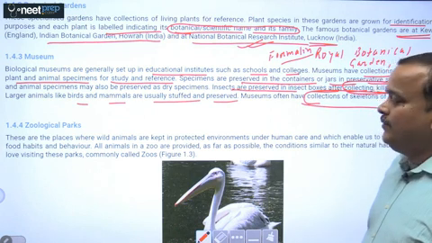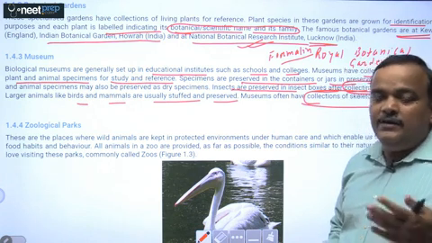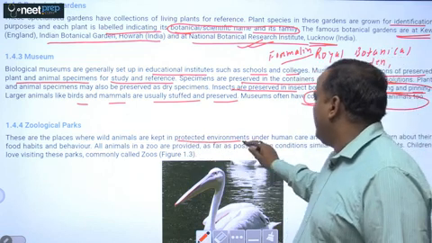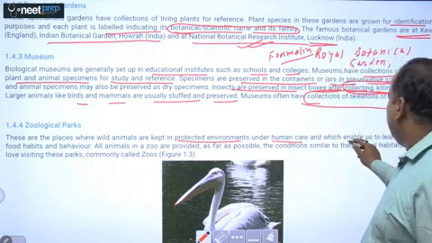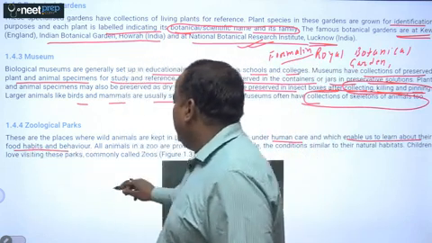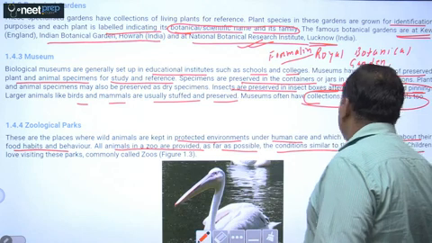Then next is the zoological park. A zoological park is a place where animals are kept under human care in order to study their food habits and behavior. Animals are kept in a protected environment under human care, which enables us to learn about their food habits and behavior. All animals in a zoo are provided, as far as possible, conditions similar to their natural habitat.